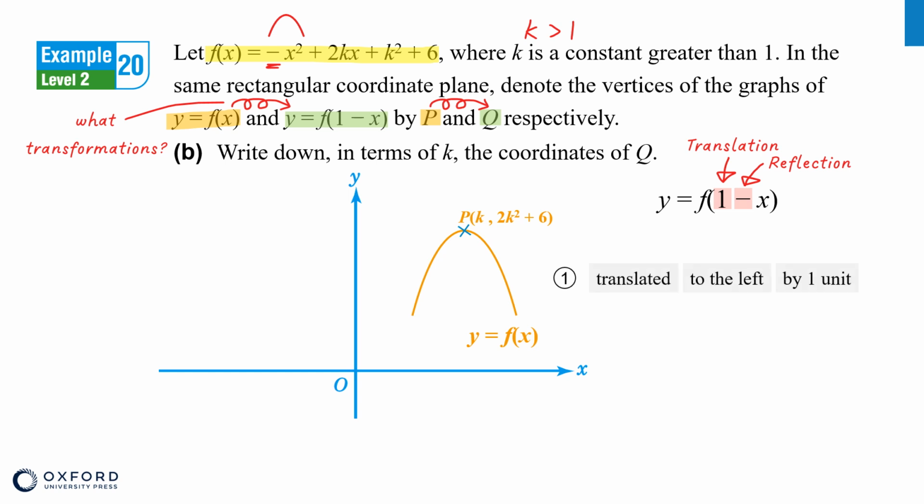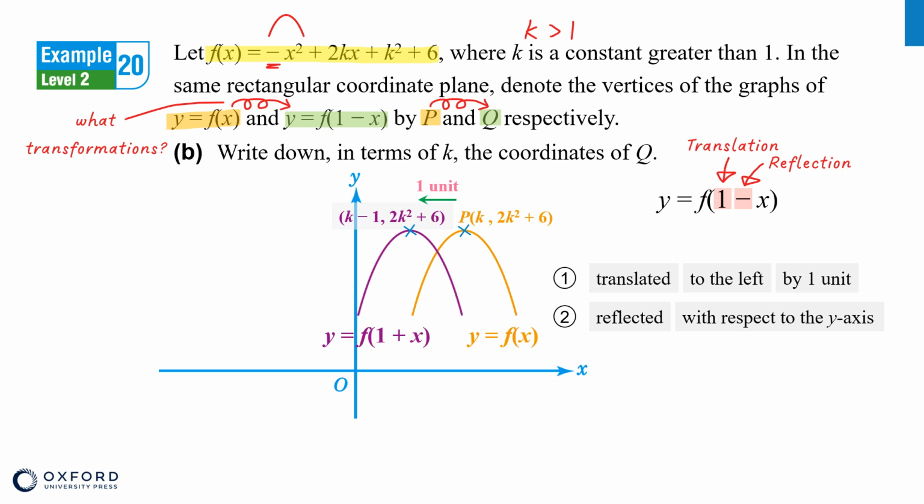Translate the graph to the left by 1 unit, we obtain y equal f of 1 plus x. The vertex would be k minus 1, 2k squared plus 6. Then reflect the graph with respect to the y-axis. Change the x to negative x. So the graph becomes y equal f of 1 plus negative x.